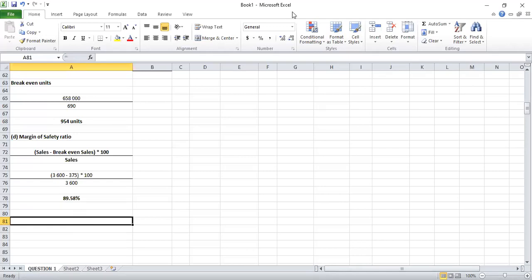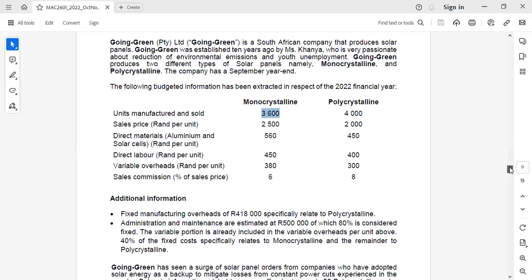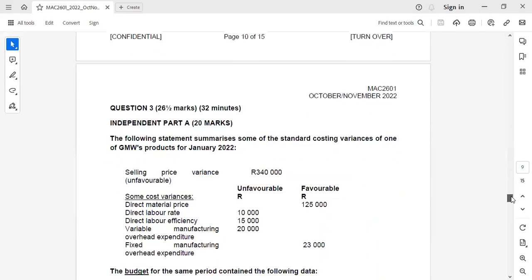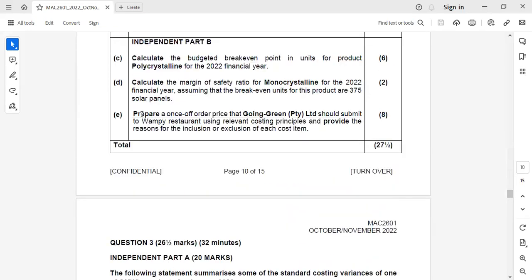Right. Then prepare a once-off order price that Going Green should submit to 1P restaurant using relevant costing principles and provide reasons for the inclusion or exclusion of each item.